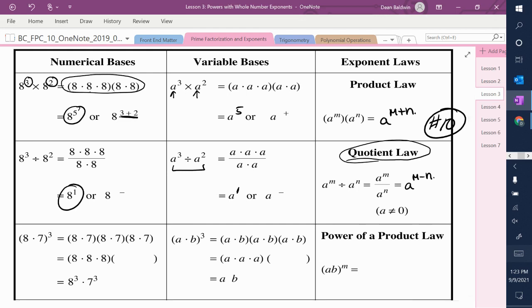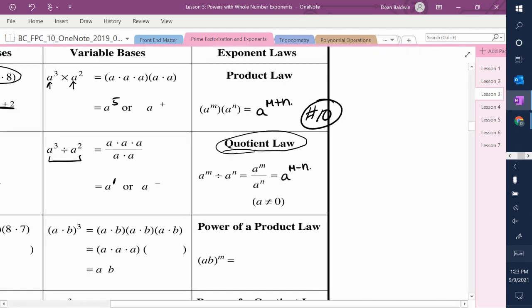So if I gave you 4 to the 10th divided by 4 to the 4, you would tell me the answer is... rock stars.